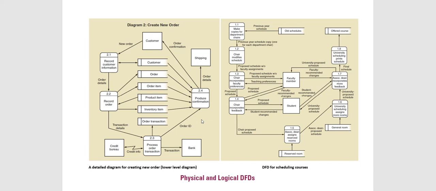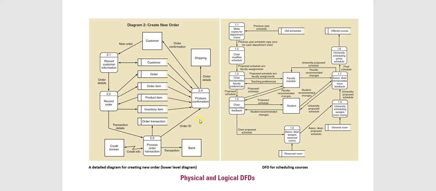So the physical data flow diagrams basically assume that there is an implementation technology reflected in the data flow diagram, right? These assumptions can take many forms and might be very difficult to spot in a data flow diagram, okay?